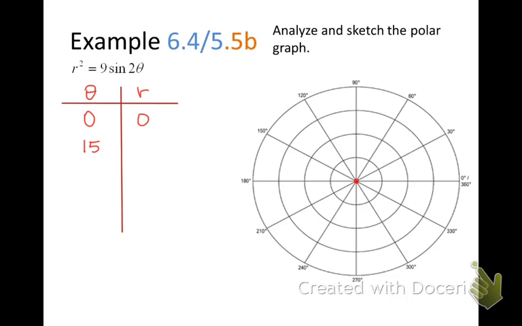So what is the sine of 30 degrees? 1/2. Very good. I'm going to take half of that, but then square root it to get r, right? So I'm going to take the square root of 4.5. That is approximately 2.1. Go over and plot that. So that's at 15, halfway to the 30. At 2.1, that's about right there.